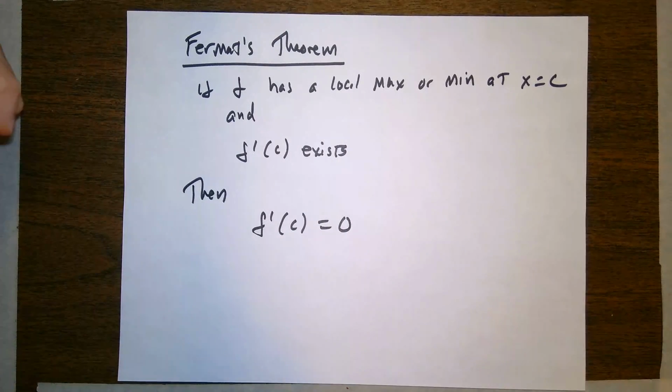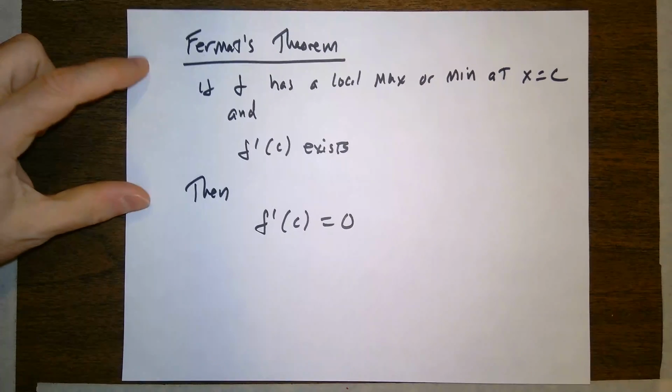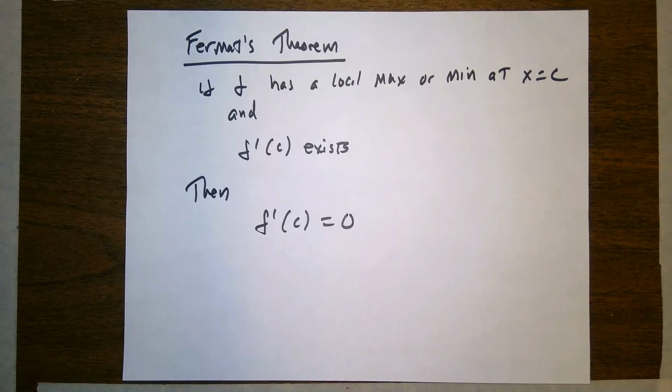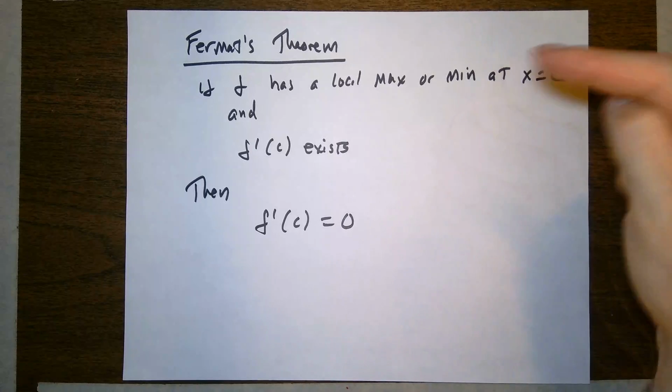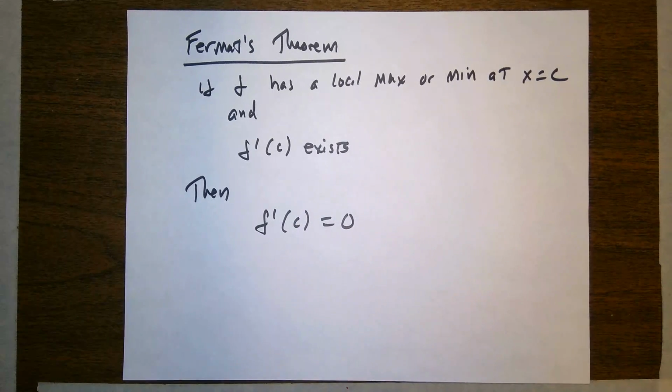The slope of the tangent line has to be 0. The textbook has a proof for this, but this is going to give us a very nice and quick and easy way to find these extremum points. All we have to do is take the derivative of the function and set it equal to 0. Fermat tells us that whatever points the derivative equals 0, that's where I have my maximum and my minimum values. So this becomes a very important part of finding maximums and minimums, because now we can do it using derivatives. And I'm sure it's something we've already thought about and considered.